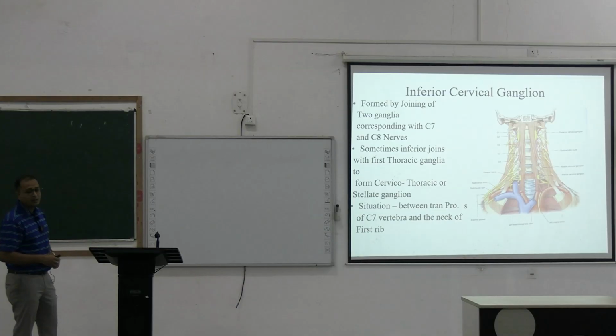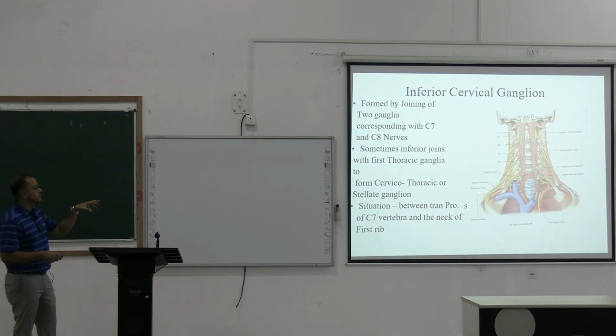Coming to the third one, the inferior cervical ganglion, which is formed by the fusion of the lowest two ganglions, C7 and C8 region. This ganglion is present at the bottom or root of the neck, between these arteries, nearly at this opening over here.